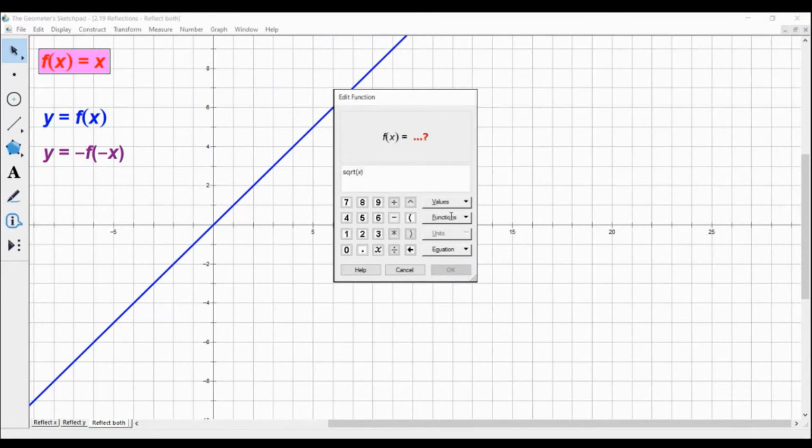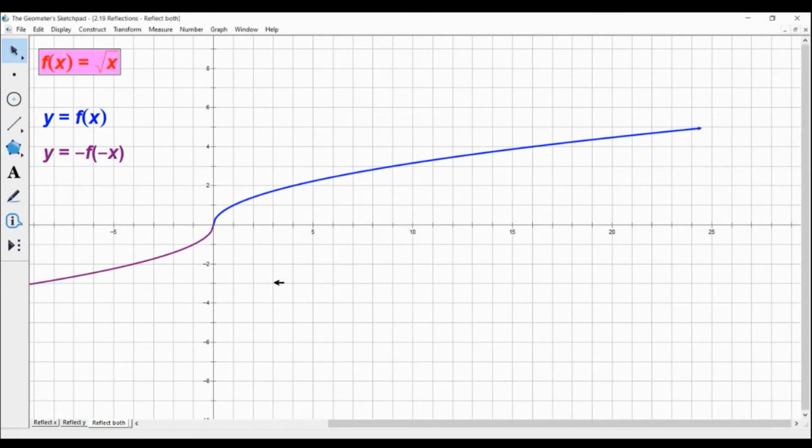What is not odd? The root function. So the purple is obtained by taking the blue and reflecting it with respect to both axes. Because now I'm not just manipulating x or y. I'm manipulating both of the coordinates, and changing the signs. Okay, so that's the animation for reflections.